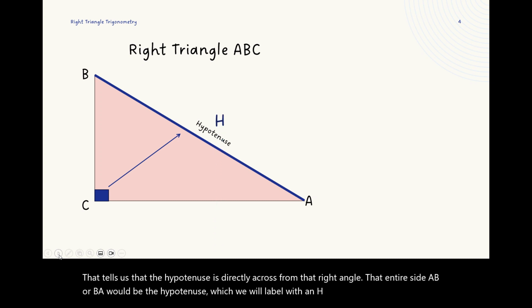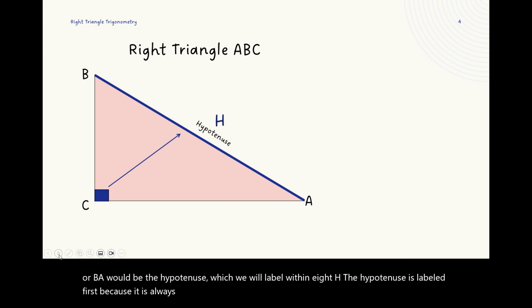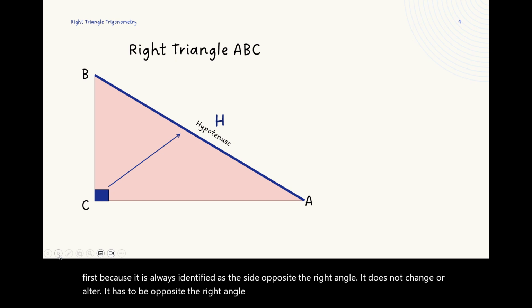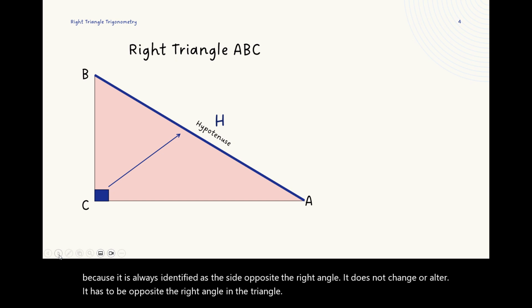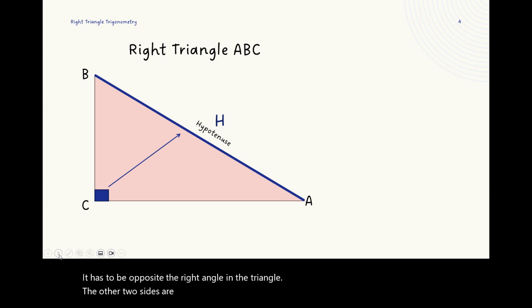The hypotenuse is labeled first because it is always identified as the side opposite the right angle. It does not change or alter. It has to be opposite the right angle in the triangle. The other 2 sides are relative to the angle.